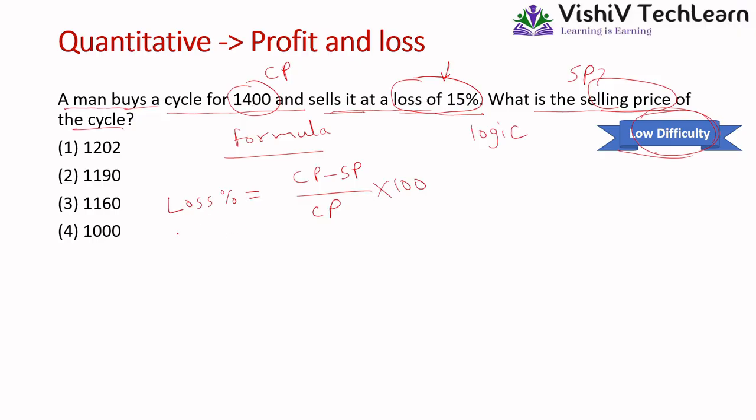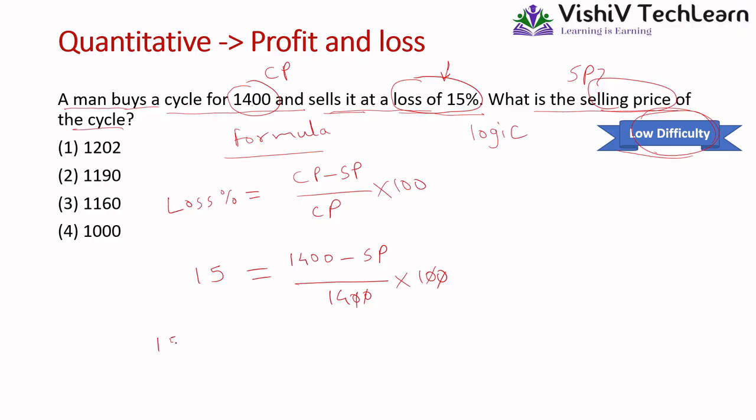In this, loss percent is already given, 15%, so we will write 15 here is equal to CP, which is known, 1400, minus SP, which we have to calculate, divided by 1400 again, and multiplied by 100. So let's calculate it further. The 00 we can cancel, then 15 into 14 will be the part here.